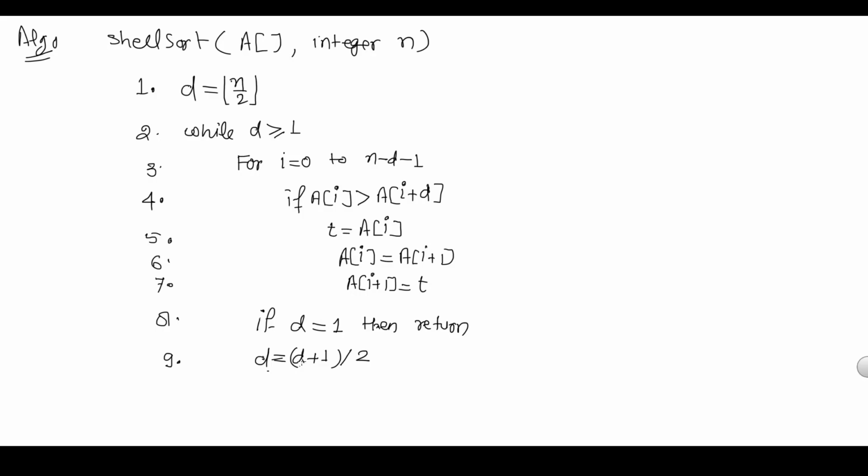This time d is 2, so 2 plus 1, that is 3 by 2, and we will get 1. So at d equal to 1, the condition d greater than or equal to 1 is true, so we run the algorithm once more. When d is 1, our algorithm will terminate.